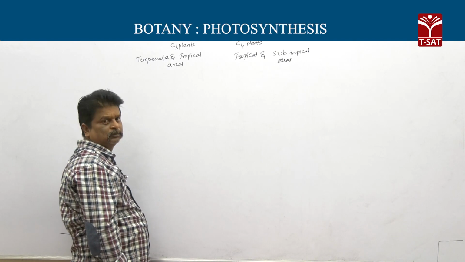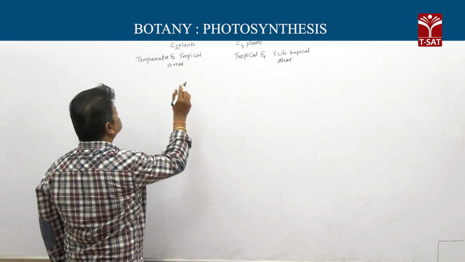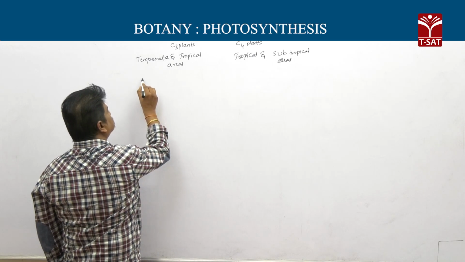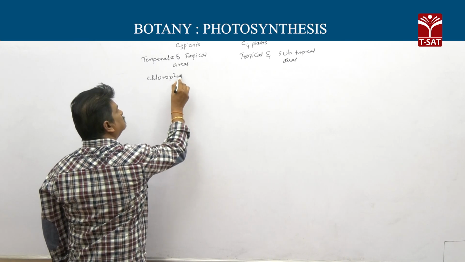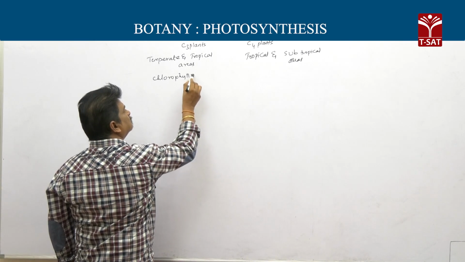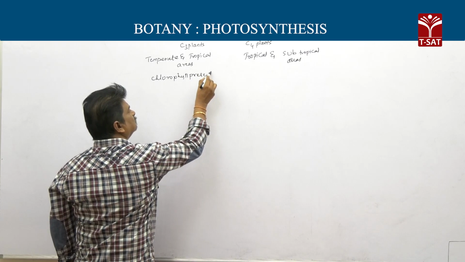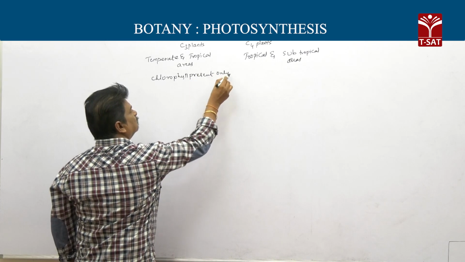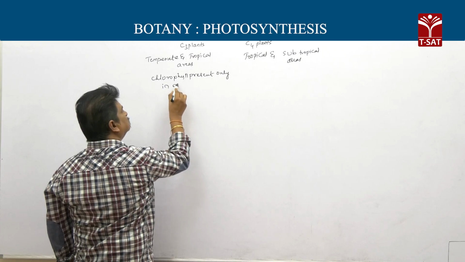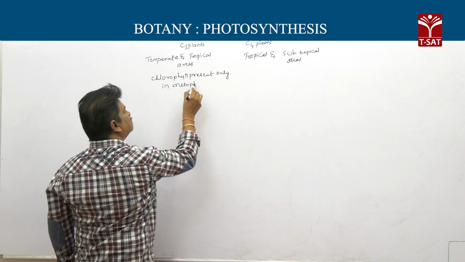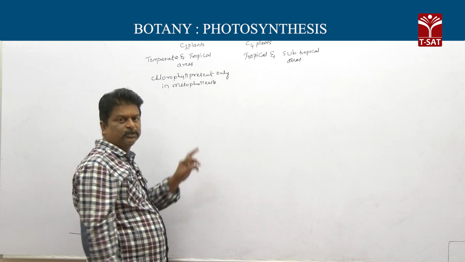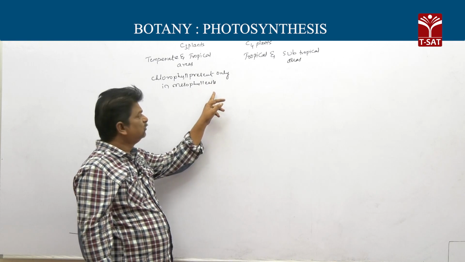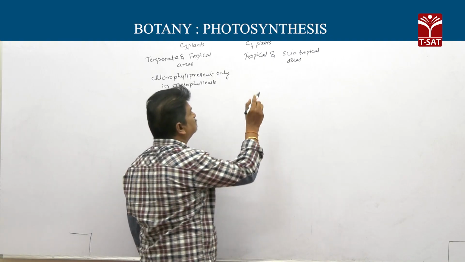Then next one, in C3 plants, chlorophyll is present only in mesophyll cells. C3 plants, chlorophyll present only in mesophyll cells.